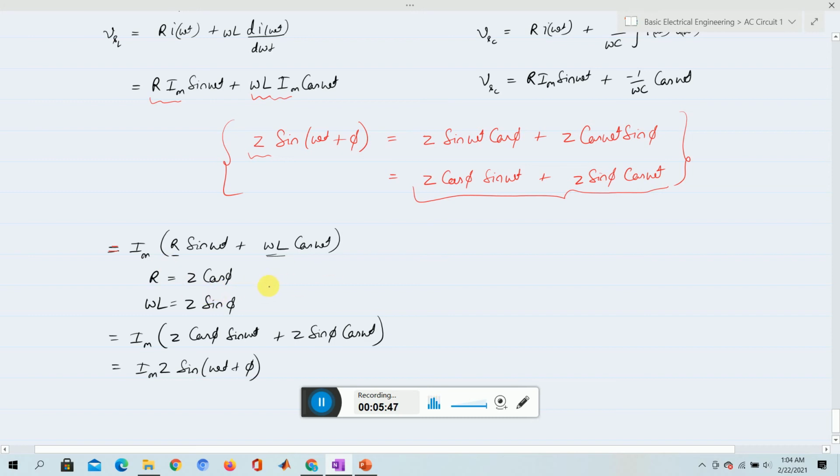If we evaluate this and take a ratio between these two, we get sine phi by cos phi equals omega L by R, which also reflects the value of phi.